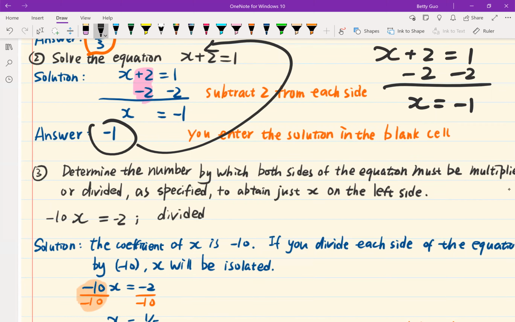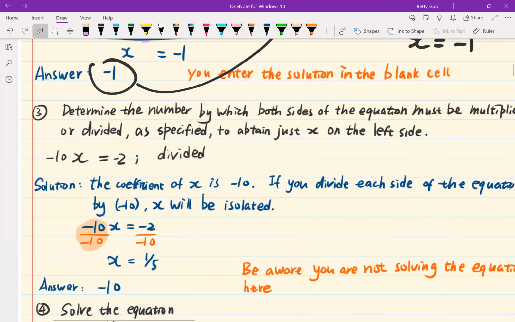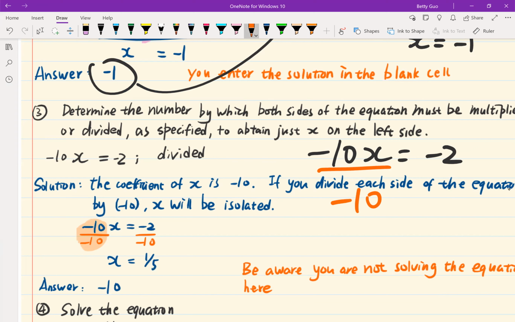Number 3. For the equation negative 10x equals negative 2, how do we isolate the x? By dividing by a number. Which number do we need to divide by, such that x could be isolated on the left? Obviously, it's negative 10, right? We're going to divide both sides by negative 10.